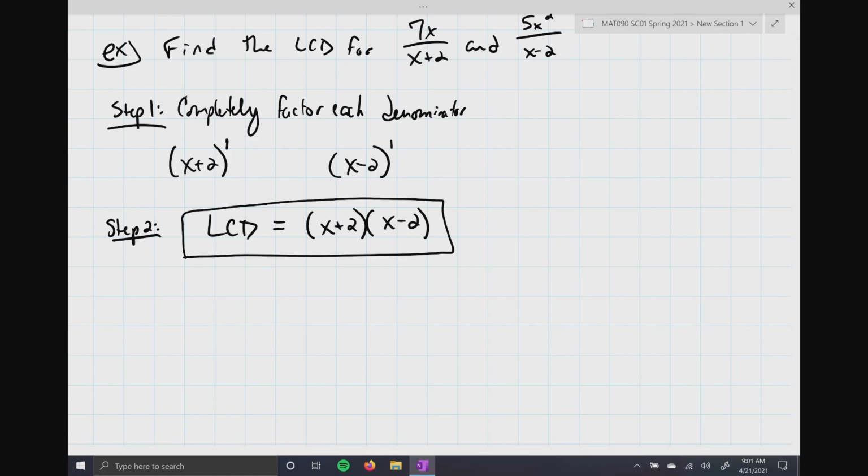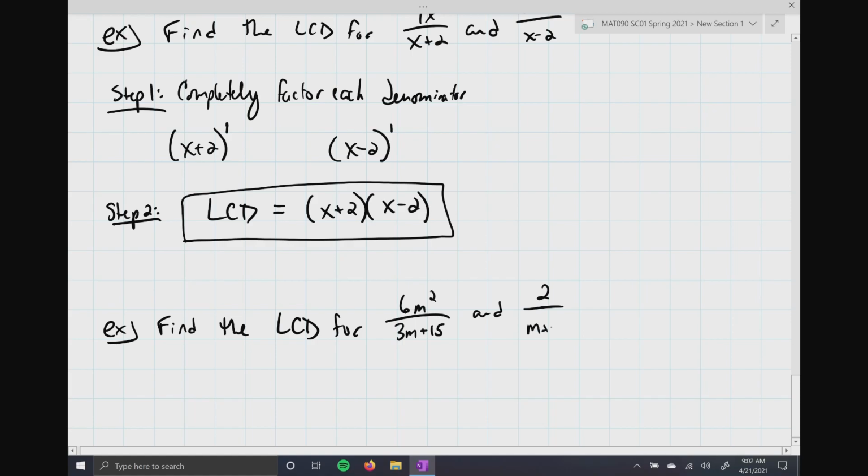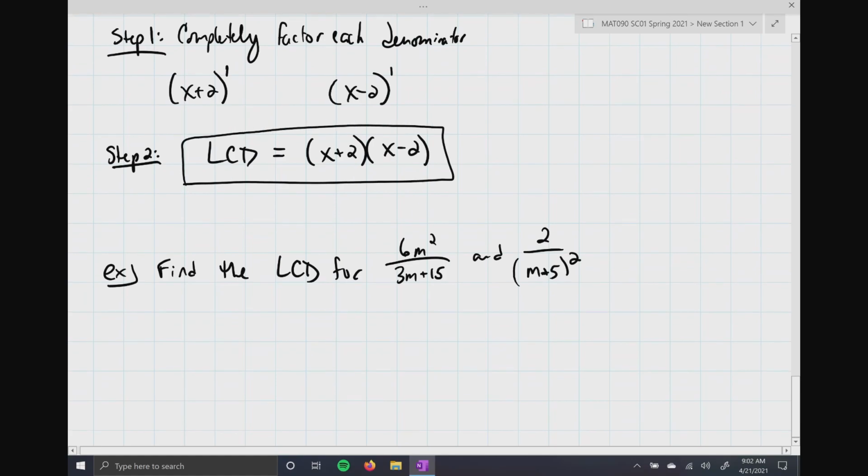All right, let's get a little bit more difficult now. So we're going to find the LCD for 6m to the second over 3m plus 15 and 2 over m plus 5, or quantity m plus 5 to the second.